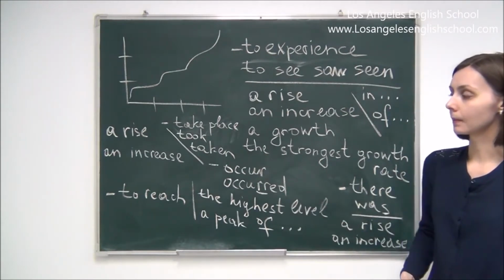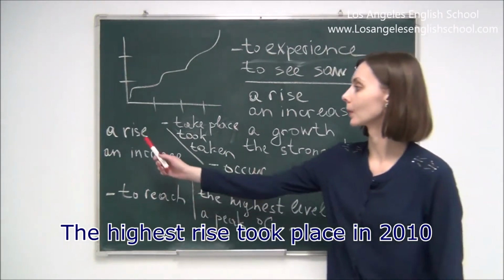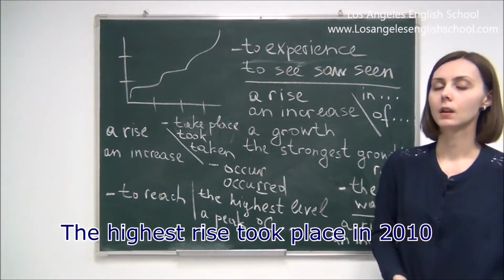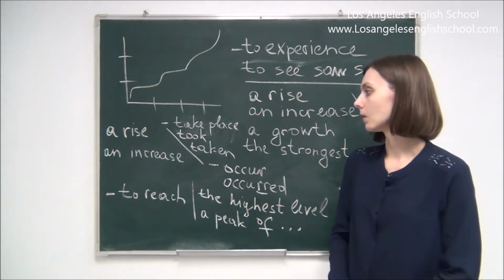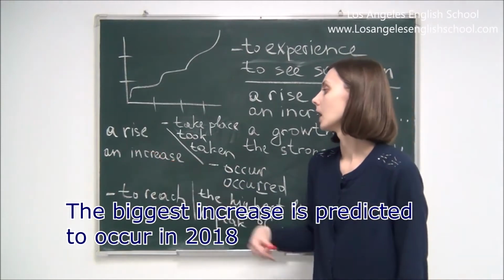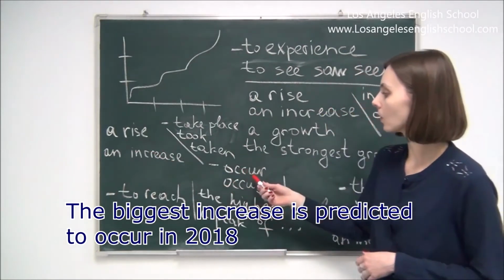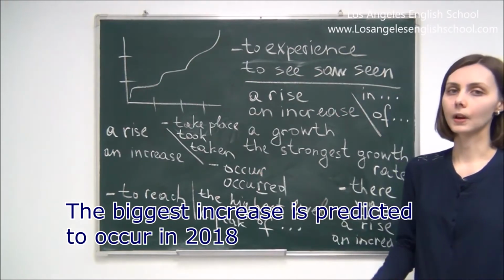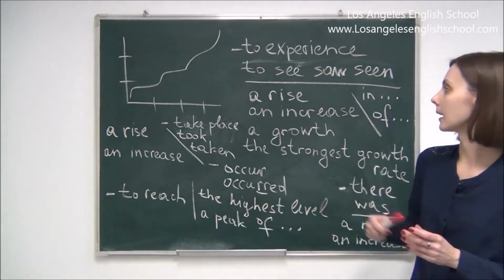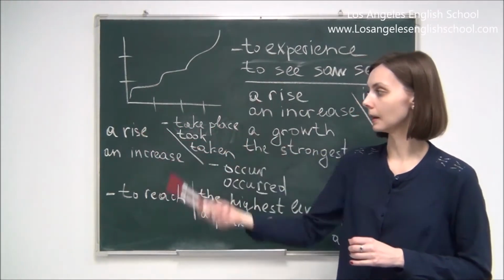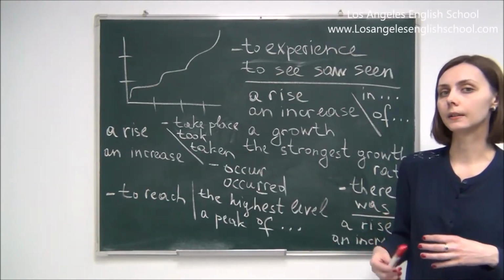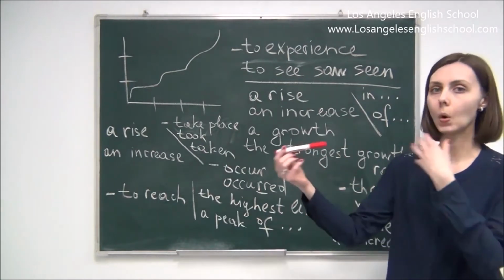You can say, for example, the highest rise took place in 2010, or the biggest increase is predicted to occur in 2018, for example. So again, you can say a rise in numbers, or an increase in figures, or in the amount of money spent on something.